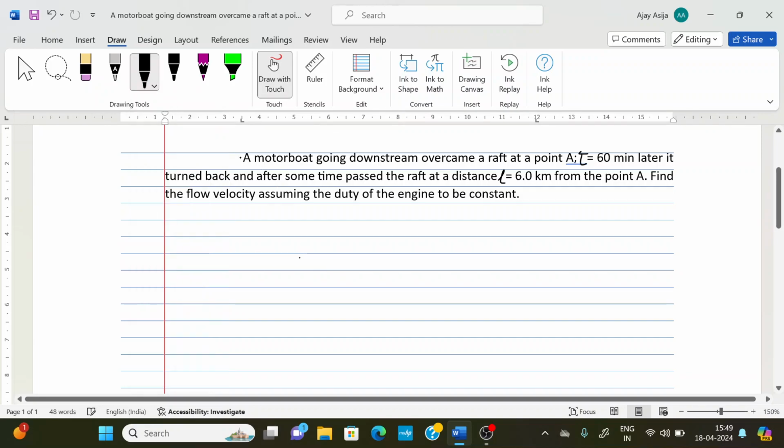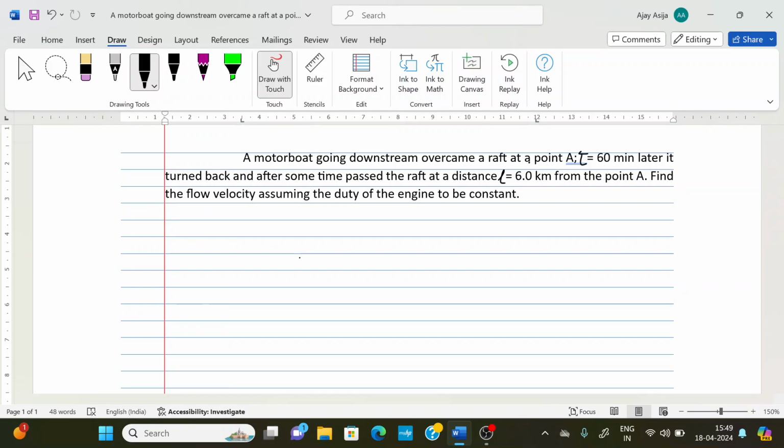The problem is motorboat going downstream overcame a raft at a point A. We have a motorboat which is going downstream. So for downstream motion, velocity of motorboat will be equal to V naught plus Vs, where V naught is equal to velocity of motorboat in still water and Vs is the velocity of flow.